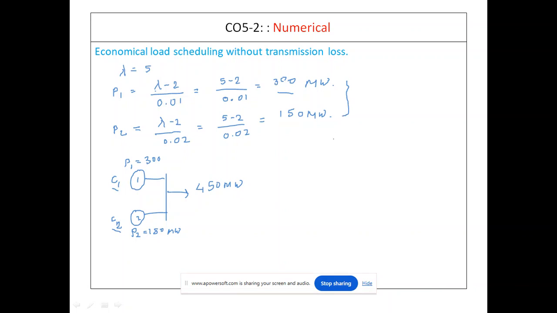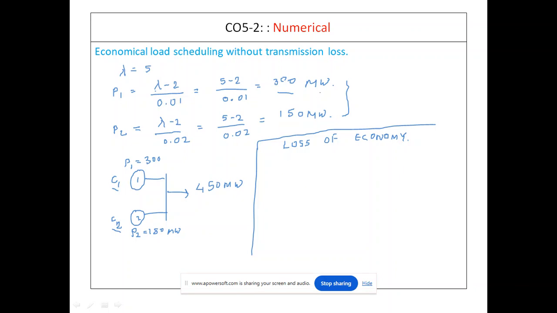Now we have to calculate the second part. The second part is the loss of economy if there is a deviation.